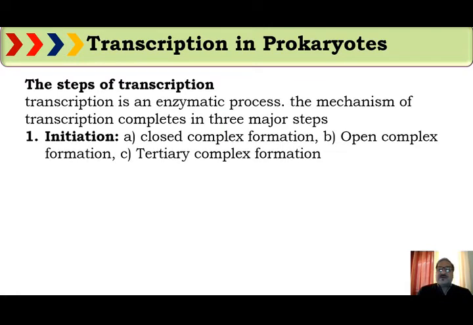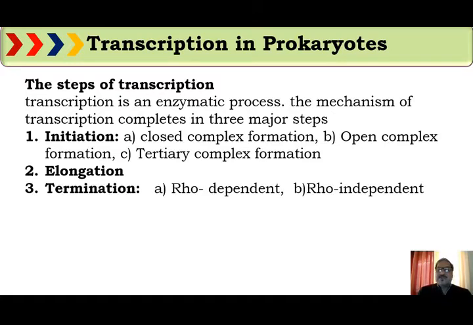First is the initiation. Now, initiation involves these three most important events. One is closed complex formation, open complex formation, and third is the tertiary complex formation. Then we have this elongation step, and then we have this termination step.